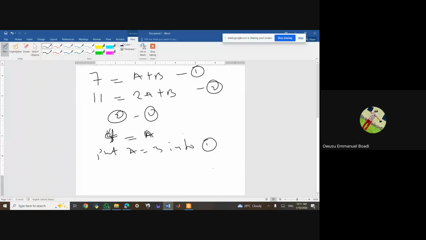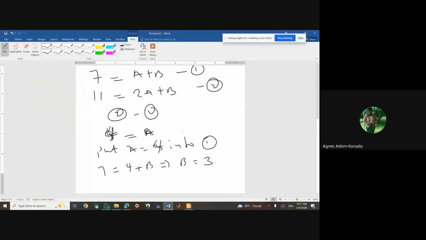Yeah, A is 4. Okay, so I want to substitute A equal to 4 into equation 1. So I have 7 is equal to 4 plus B. So this means that my B is equal to 3. So I've been able to get my A to be 4 and then my B to be 3.